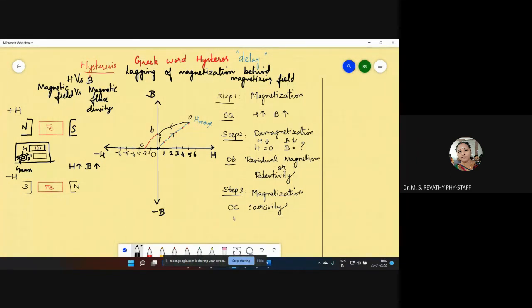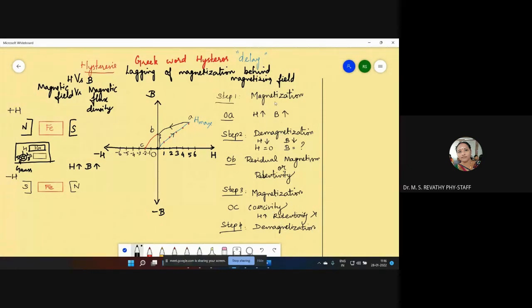So here, H increases, and the B retentivity completely vanishes. Now, in step 4, the next step is alternate demagnetization and magnetization. Now I will remove the magnetic field.